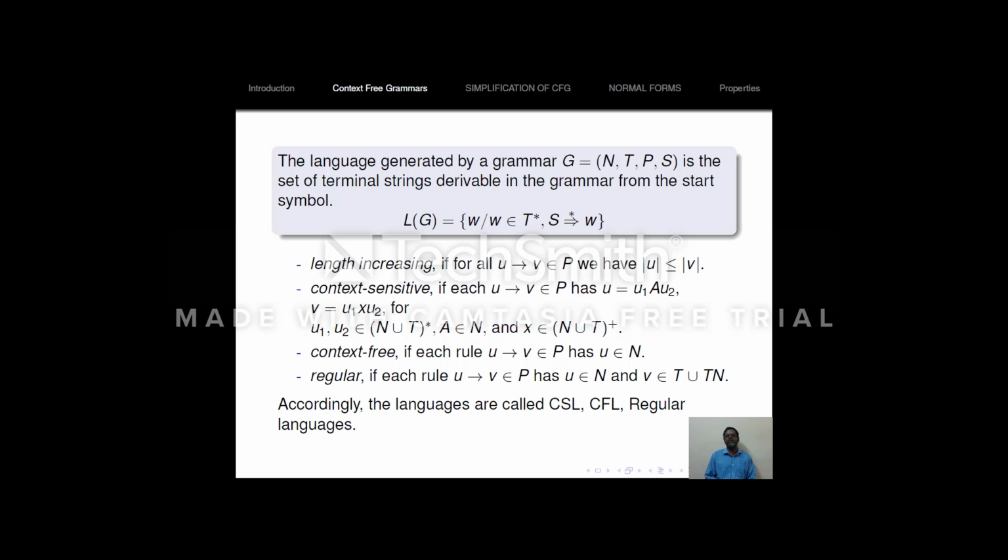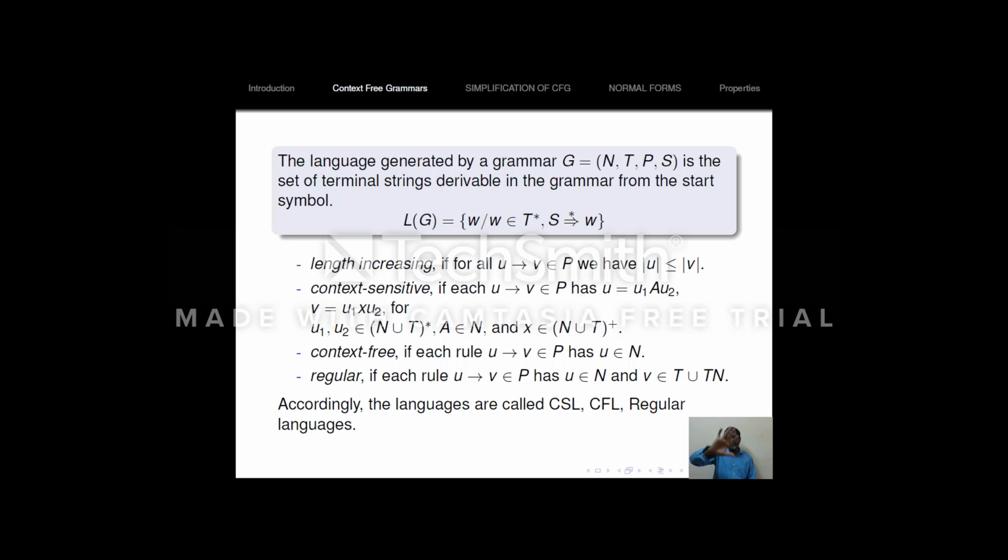That is, V an element of T tells you that it can be a terminal or a terminal followed by one non-terminal. For example, capital A goes to small a, capital A. Usually, terminals are represented by small case letters, and non-terminals are denoted using capital case letters.